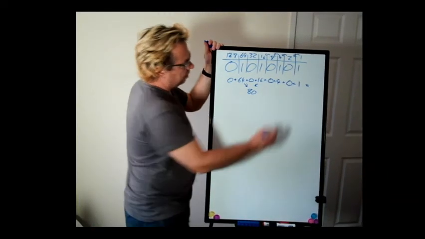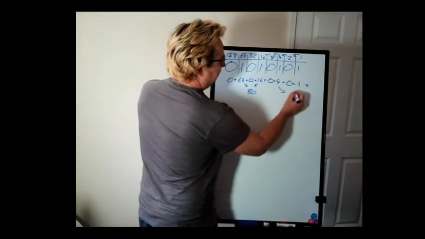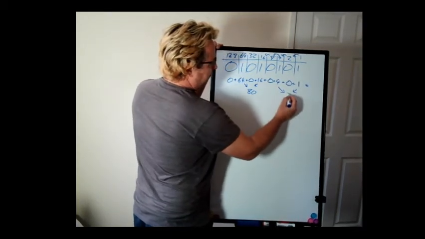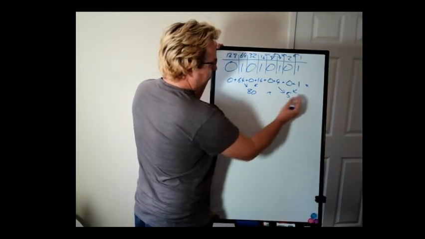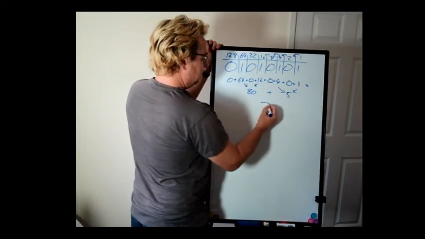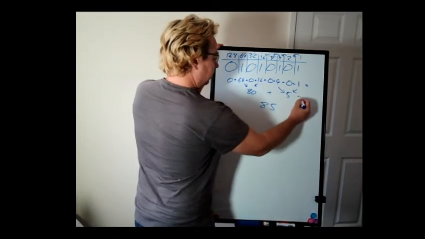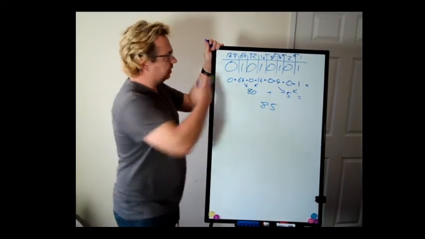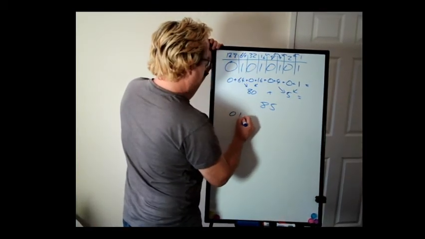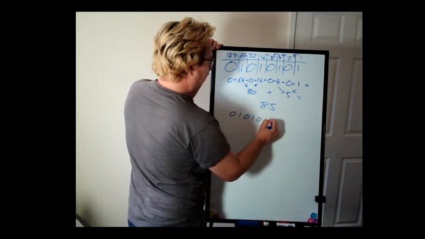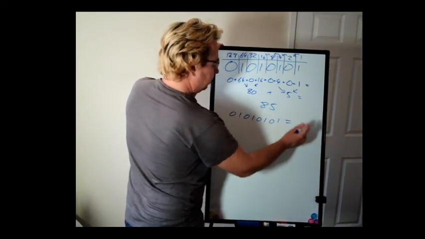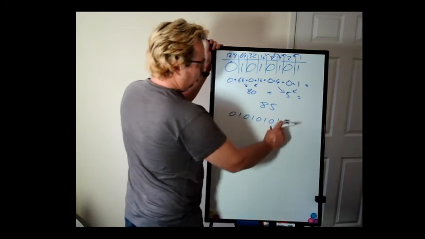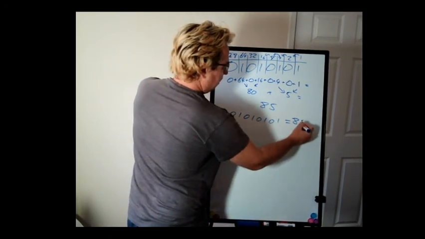Okay. Then I might add together the next two here. 4 plus 1 is 5. And then I can add all those together. And I can say, well, that is 85. So what we can say from this is 0, 1, 0, 1, 0, 1, 0, 1 equals 85.